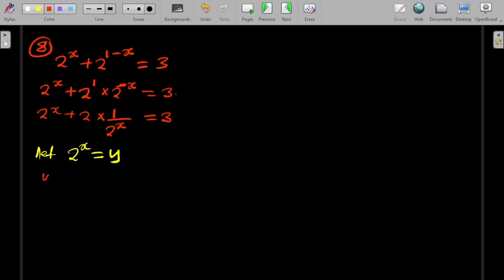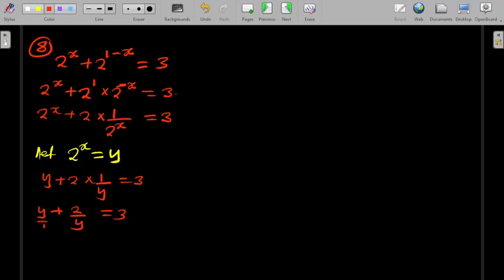So we have y plus 2 times 1 over y, and this is equal to 3. Now the next thing is we solve for y. After solving for y, we need to recall that we said 2 to the power x should be y. So here we have y plus 2 times 1, that's 2 over y, equal to 3.